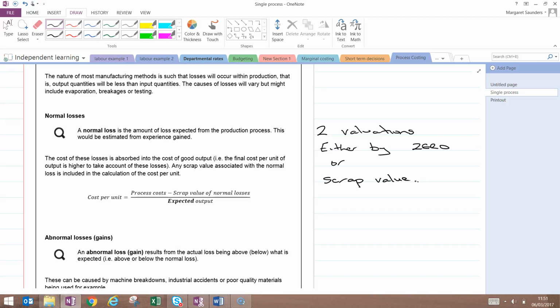So it depends why your output is not the same as your input. So if we've input 1,000 kilos of material and the product that we've received at the end of the process weighs 950 kilos, so we've lost 50 kilos, if we've lost that 50 kilos due to taking it for testing for quality, then we can't sell that. If we've lost that 50 kilos due to the product evaporating, then we can't sell that. So those losses would be valued at 0.